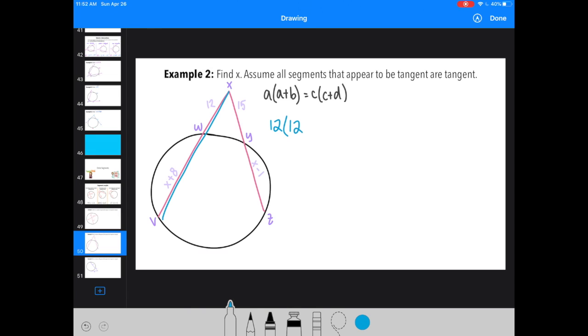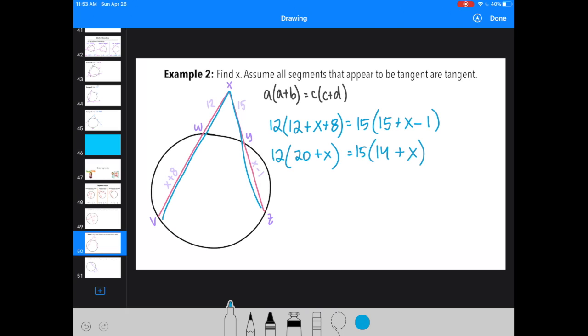So I'm going to take 12 times 12 plus x plus 8, and set it equal to my other segment of 15 times 15 plus x minus 1. I'm going to simplify everything in my parentheses first before I multiply. So 12 plus 8 gives me 20 plus x equal to 15 minus 1, which is 14 plus x.